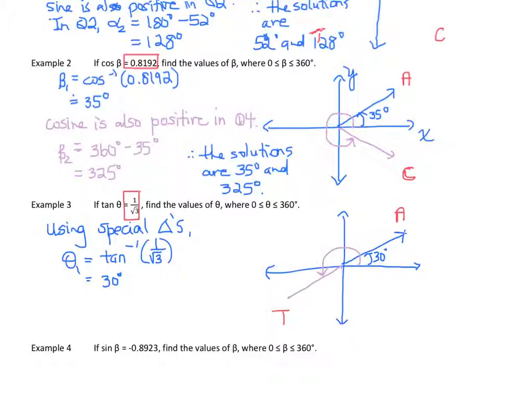So we will say in quadrant 3, a second value for theta could be found by adding 30 degrees to 180 degrees, because of course the acute reference angle here is 30 degrees.